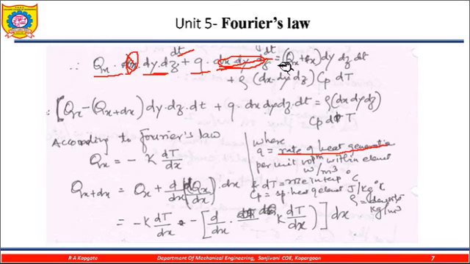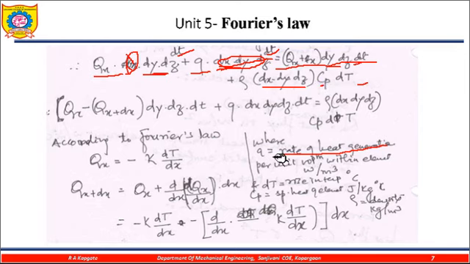That is dx dy dz into dt, which is equal to the heat outflow. The heat outflow is qx plus dx, into dy dz into dt. Again there is no dx here. Plus the change in internal energy, which is equal to rho, the density, multiplied by the volume dx dy dz, into cp into dt.